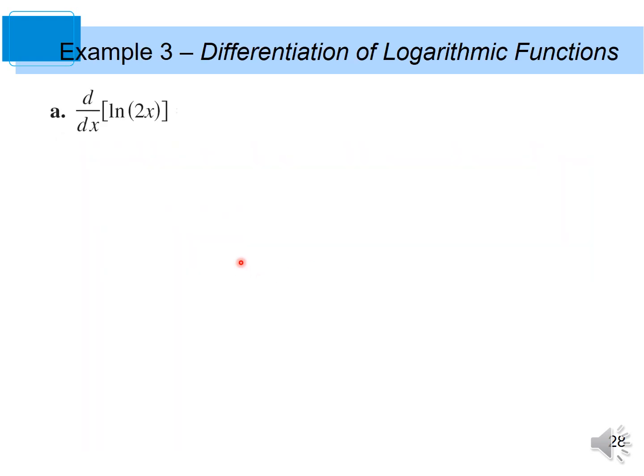Look at this example. Differentiate the natural log of 2x with respect to x, where the u is 2x. So we use second formula, u prime over u. Differentiate the 2x, we will have 2 over u. Then simplify, we have 1 over x.